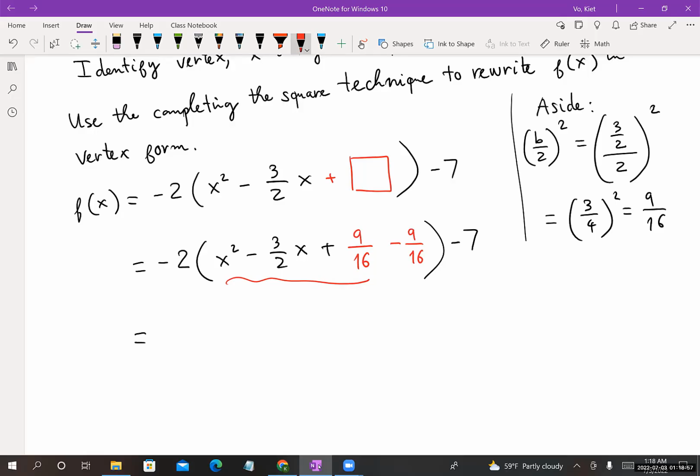So when I take -2 times -9/16, that becomes a plus. So this is -2 times x squared minus 3/2 x plus 9/16, and then -2 multiplied by -9/16 gives me 18/16, which reduces to 9/8, and that's positive. So plus 9/8, and then the subtract 7 will stay.